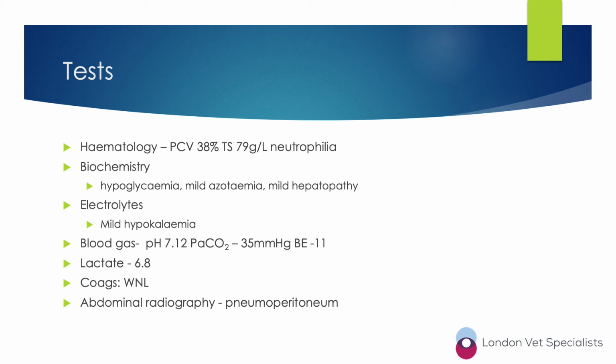He's trying to compensate for this metabolic acidosis, but he's not able to. The lactate was increased, suggesting poor oxygen delivery to the tissues. His coagulation times were normal. And on abdominal radiography, we noticed gas in the abdomen, which is indicative for surgery.